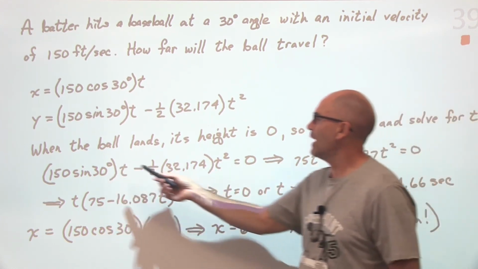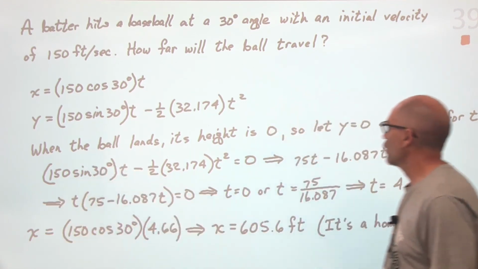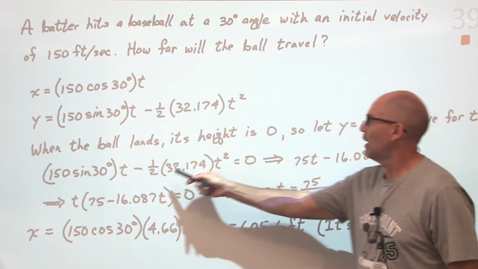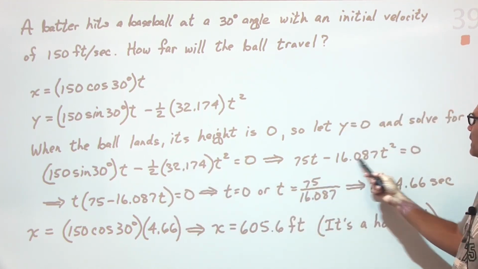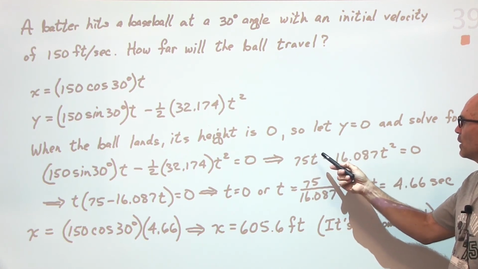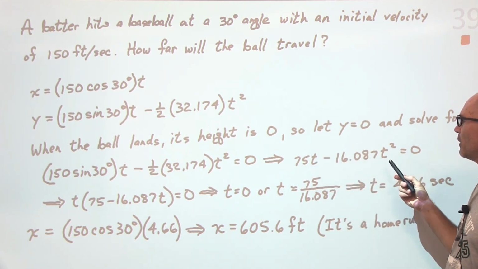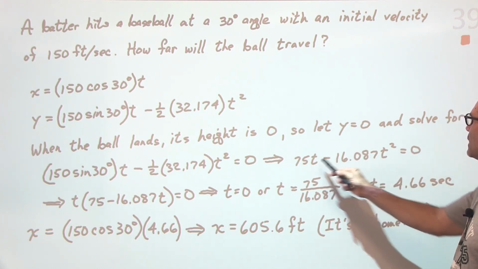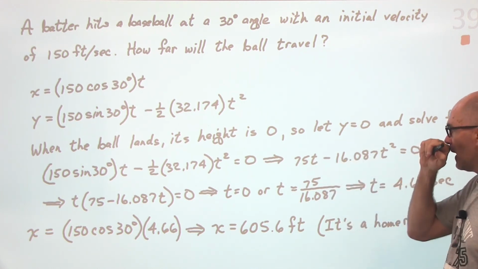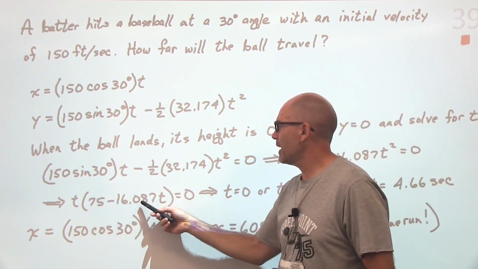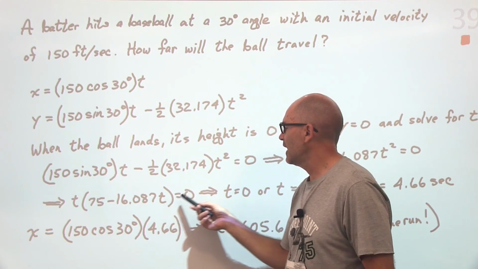If I multiply 150 times sine 30, I get 75t minus half of 32.174 is 16.087 t squared. Notice I have an equation with a t and a t squared. So what I'm going to do is just factor out a t from both of these, and I have t times 75 minus 16.087t equals 0.